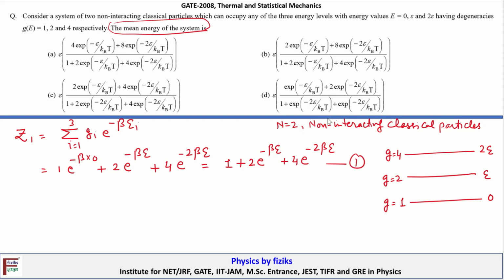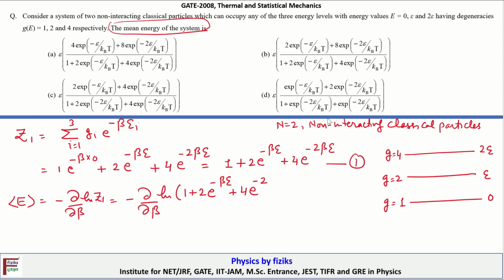Now the average energy per particle, the mean energy of the system, is equal to minus the derivative with respect to beta of ln Z1. That means minus the derivative with respect to beta of ln of 1 plus 2 exponential minus beta E plus 4 exponential minus 2 beta E. Let's move to the next page.